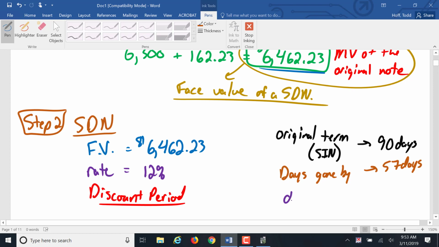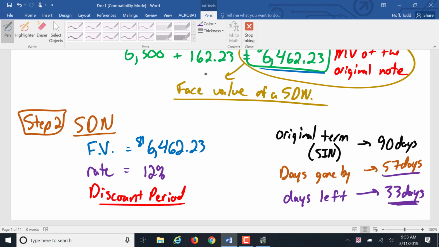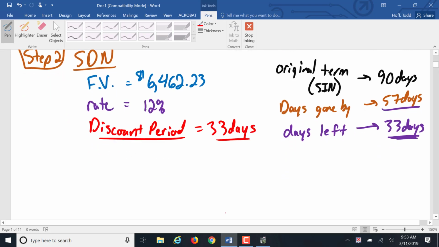So what matters is the days left. 90 minus 57 is 33 days. There are 33 days left in the original note, so that means the discount note is going to be for 33 days. It's just to get from the day it's discounted to the end of the term of the original note.